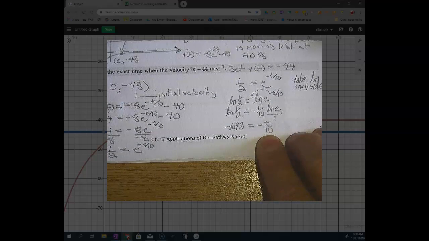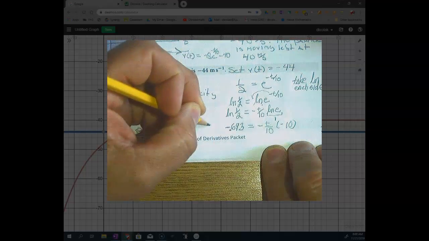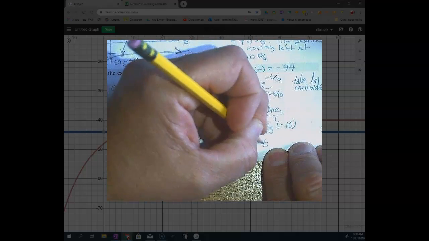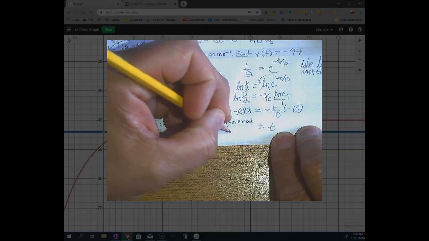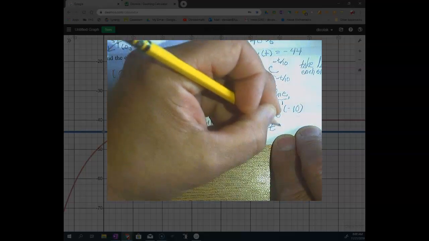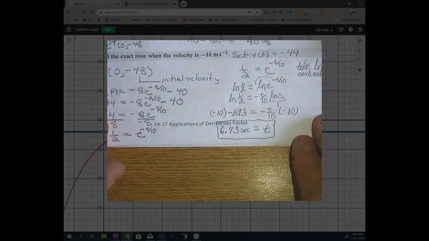Now multiply both sides by negative 10, and I get positive t equals 6.93 seconds, which is what we got when we solved it using Desmos.